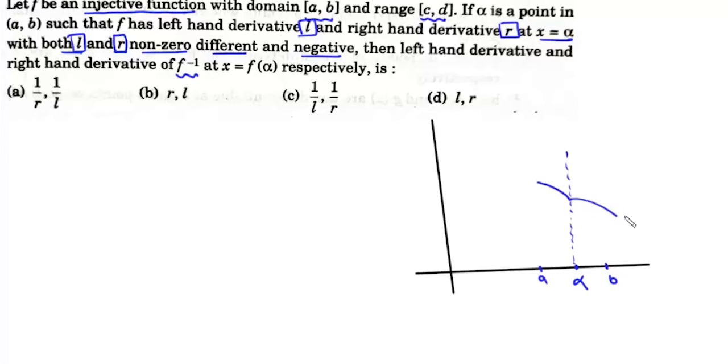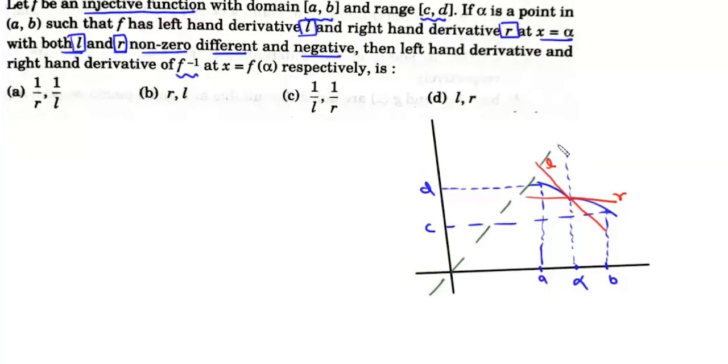Now we need to find the left hand derivative and right hand derivative of f inverse at x equals f alpha. This function is defined in the domain a to b and its range is from c to d. Now at alpha, if we draw this left hand tangent, its slope is L, and in the right neighborhood of alpha, the slope is R. Now we know that for the inverse function, we just have to take the reflection of this function about the y equals x line.